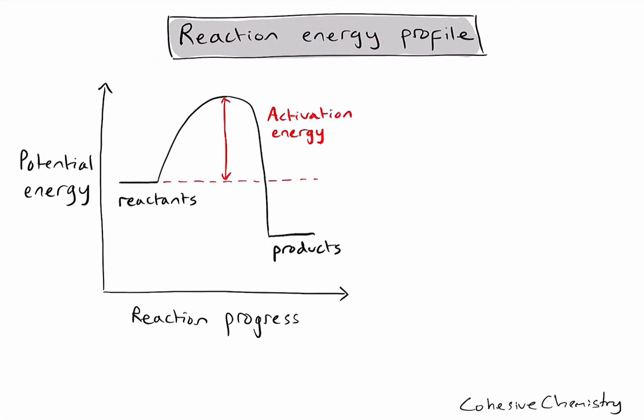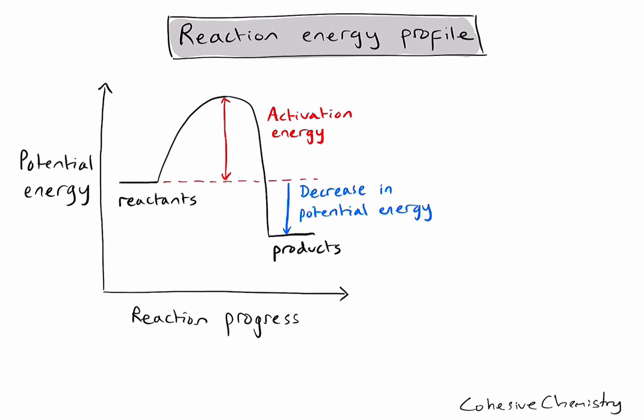The second important feature in this example is that I can see that the potential energy of my products is lower than the potential energy of the reactants that I started with. And the importance of this second point is that if the potential energy in my system has decreased overall, the surroundings must have experienced an increase in energy.